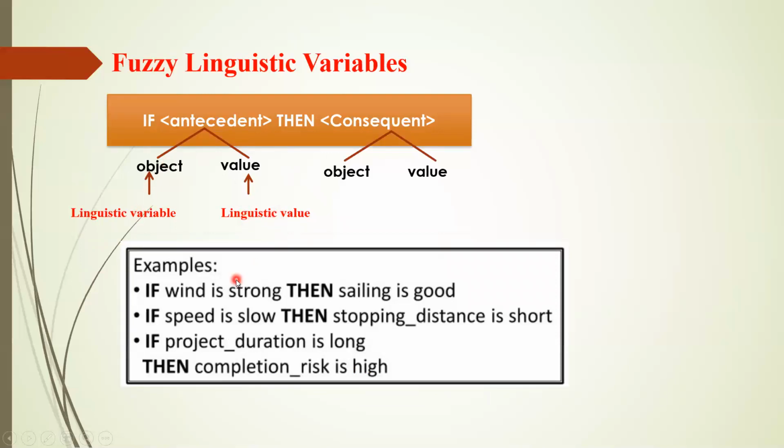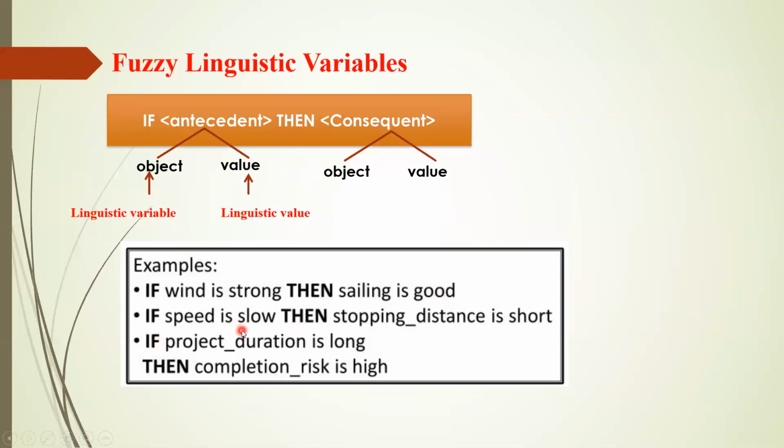For example, if wind is strong, then selling is good. "Wind is strong" is the antecedent where wind is a linguistic variable and strong is its linguistic value. "Selling is good" is the consequent where again selling is the linguistic variable and good is its value.